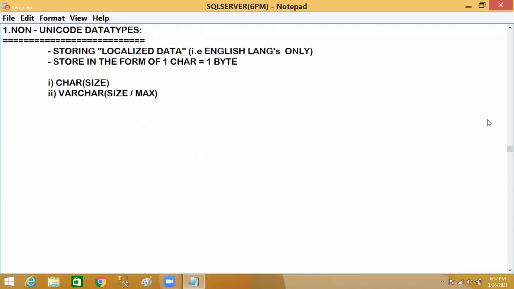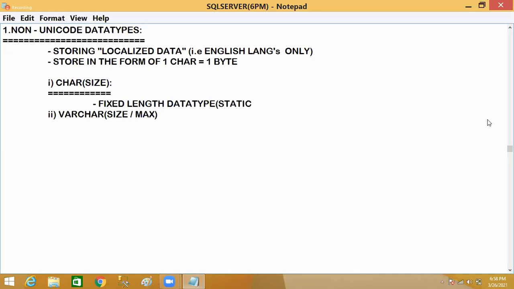So guys, the character data type is a fixed length data type. It means that it is a static data type, and the maximum size is 8,000 characters.